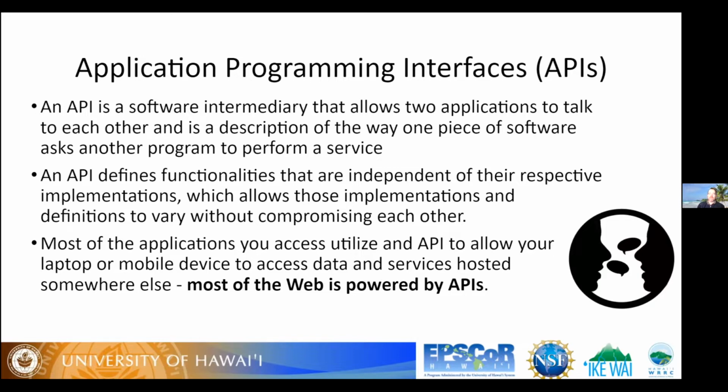And they're essentially independent of however they're implemented. So you can have an R API that can talk to a Python API, as long as they can speak the API language of one another. Most of the applications that you utilize with your laptops, your workstations, your cell phones, they're all leveraging APIs. So most of the web is powered by application programming interfaces.